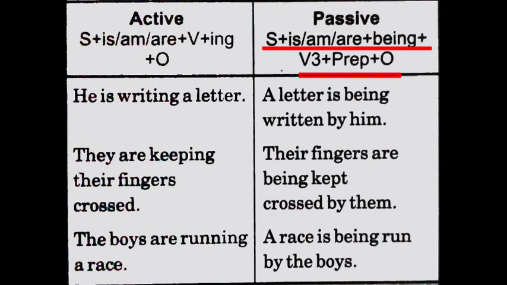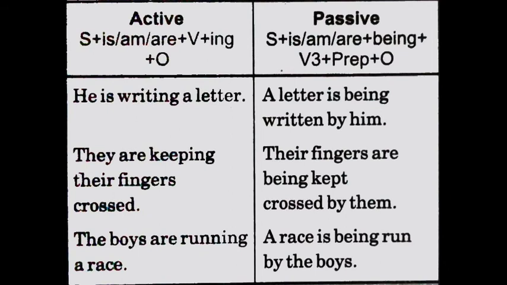Subject plus is, am, are plus being, B-E-I-N-G, plus the third form of the verb plus preposition by plus object. Okay, so simple. Is, am, are will remain same. After that, we have to add being, B-E-I-N-G, for continuous tenses. And then the verb will change to its third form.